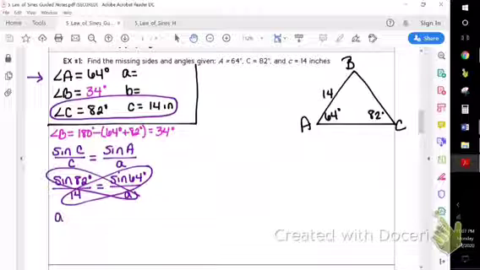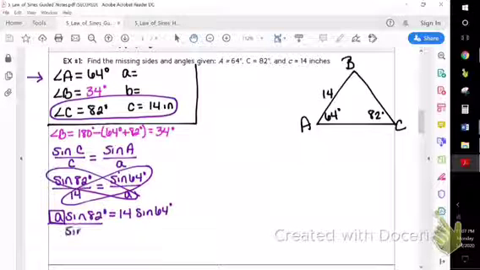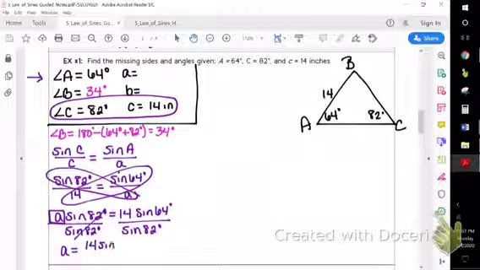So I have A times sine of 82 degrees is equal to 14 times sine of 64 degrees. Now remember, we're solving for A, so we need to divide by that sine of 82 degrees. And so we know that side A is equal to 14 times sine of 64 degrees, all divided by sine of 82 degrees.